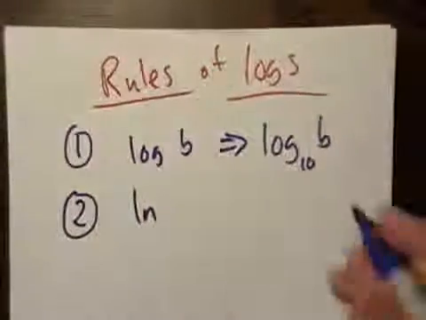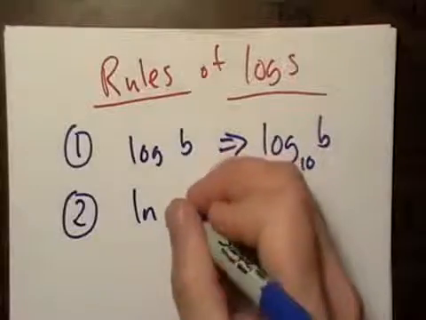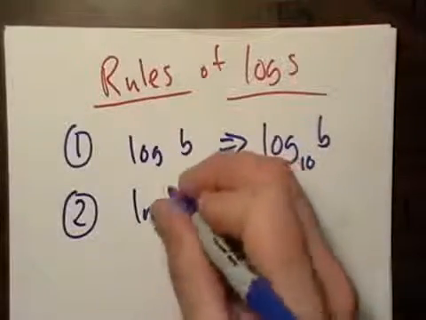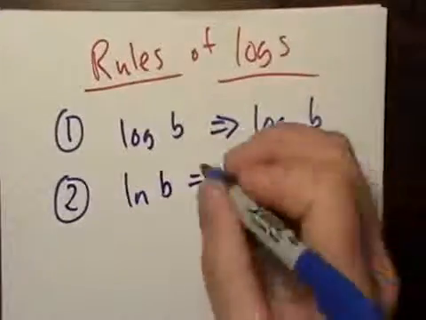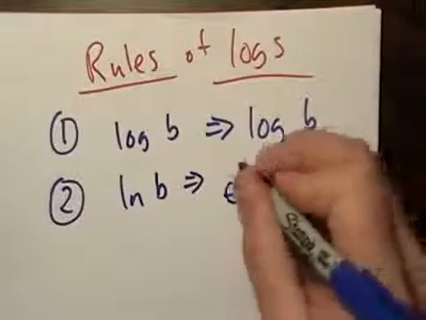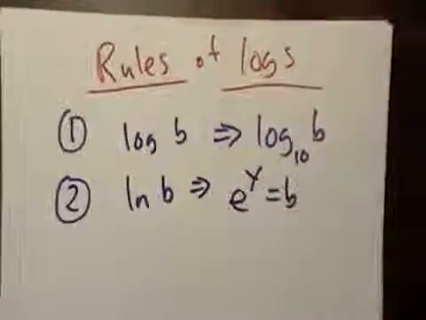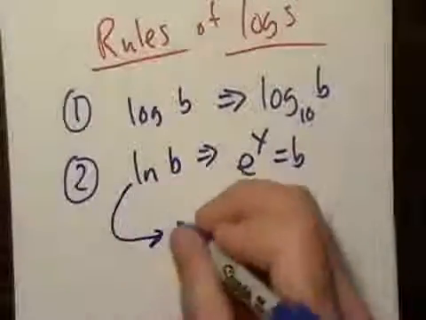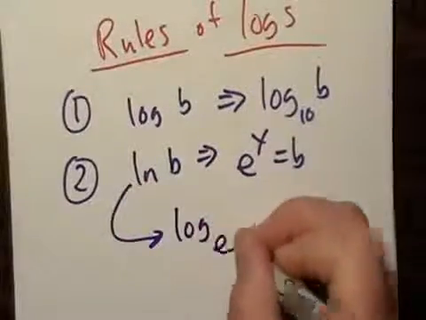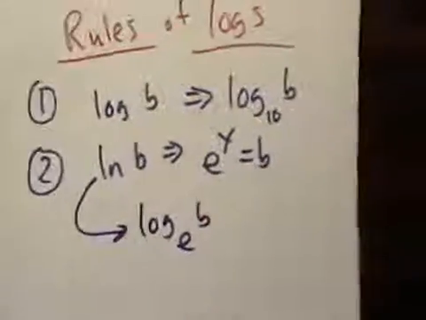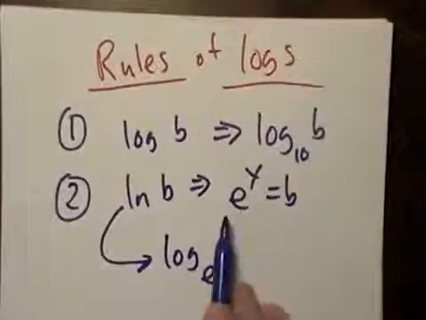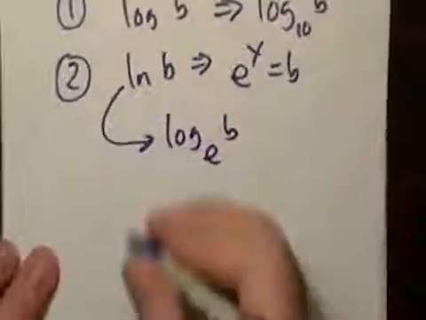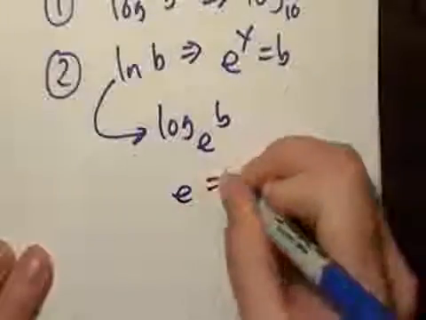The natural log of something, ln b, basically means e to the what equals b. That just basically means log base e of b. And oh, by the way, if you haven't seen e yet, e is this.